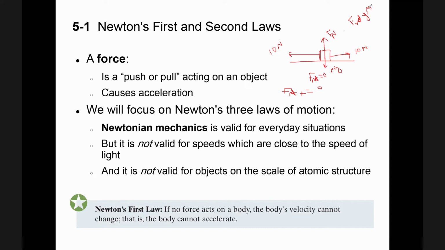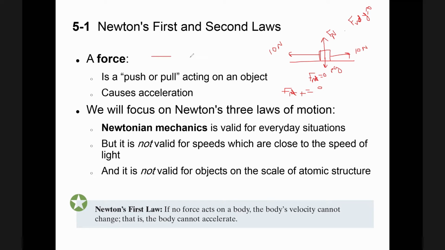So we understand that for an object that is stationary, the net force on it should be zero, which means it cannot accelerate. There is no acceleration. But what's new in Newton's first law is the following. He said if an object is moving with constant velocity, the net force also equals zero. This is new.